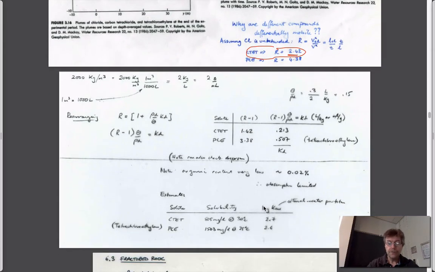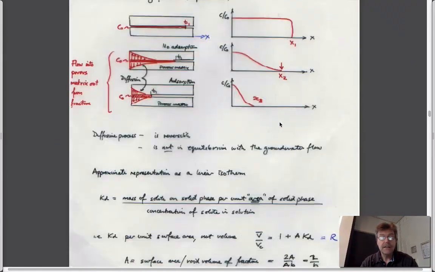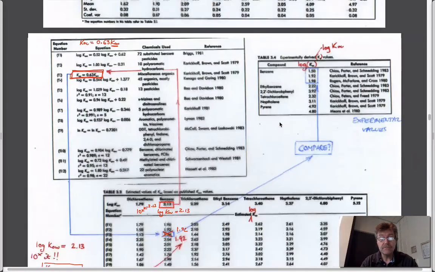And if we use those, we could just rearrange the retardation coefficient to get KD. So these two equations are just the same, just rearranged. The KD value we got was 0.213 milliliters per gram, which we'd expect to be reality because it's measured in situ at the right scales and the right gradients.